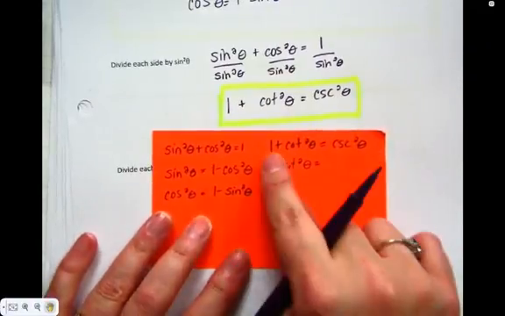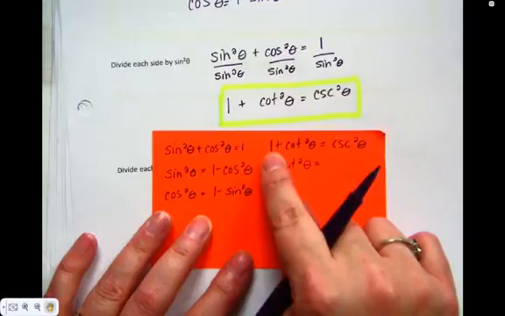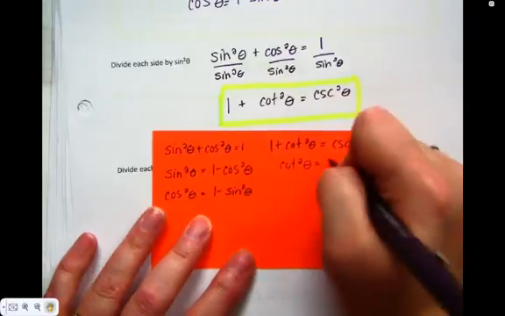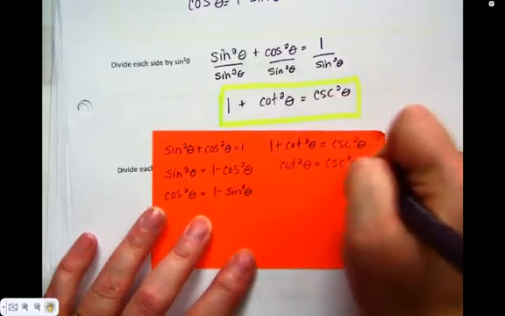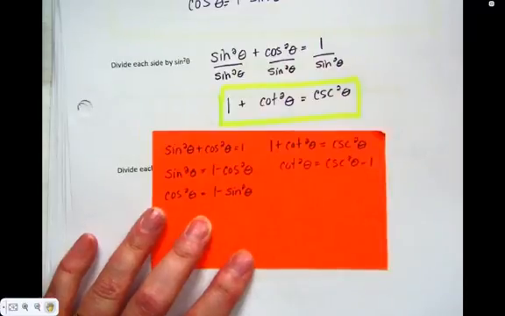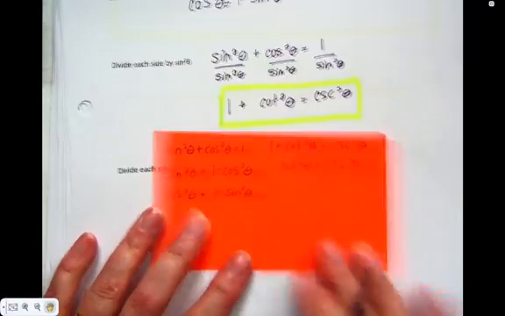What would I have to do to this 1? Minus it. We tend to put him in the back, so we can say that this is cosecant squared minus 1. So again, it's all the same formula. We're just playing around with what it looks like.